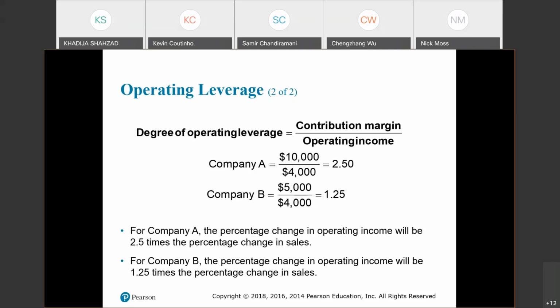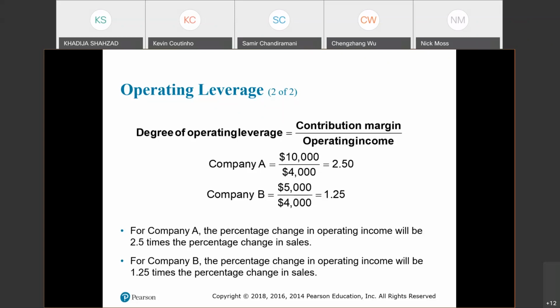I mean, $5 for company A and $15 for company B. In this case, the operating income for company A becomes lower than that in company B. So why is that?